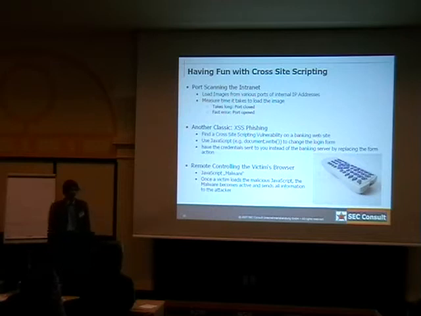Another classic is cross-site scripting phishing. If anyone finds a cross-site scripting vulnerability on a banking site, JavaScript can be used via, for example, document.write to exchange large parts of the site. One trick is to simply change the action parameter of the login form.